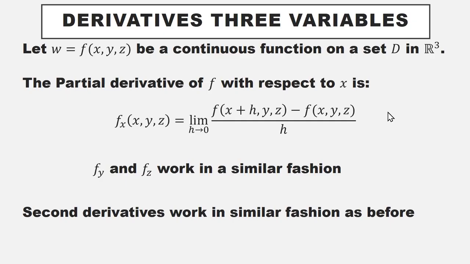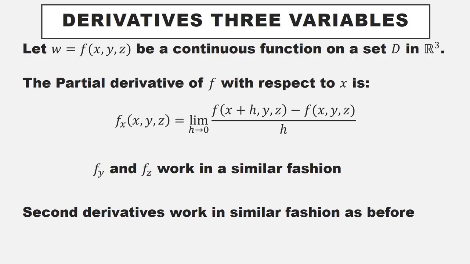Now, what if we have a function where we're inputting ordered triples instead of ordered pairs? Well, if we're doing ordered triples, then we can take a partial derivative with respect to x, and we can take a partial derivative with respect to y, and we can take a partial derivative with respect to z of our function.